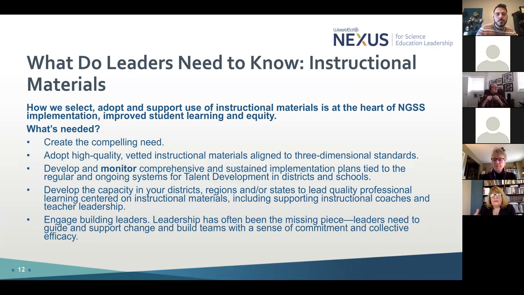And I'd like to advocate for helping districts really think about how developing the science teachers is aligned to the regular and ongoing systems for talent development in the district and school.